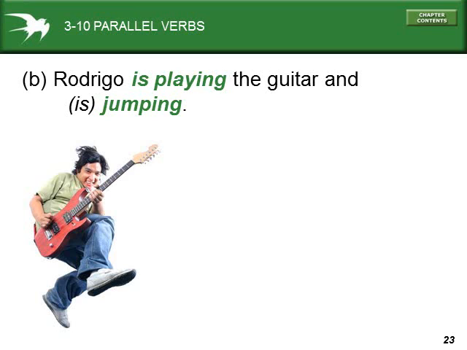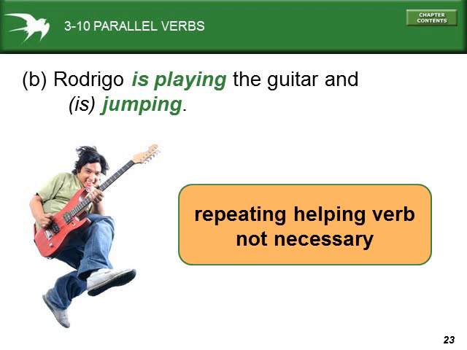So in this example, we have Rodrigo is playing the guitar and (is) jumping. Now, both of these are in the continuous. One thing that you should notice is that this is in parentheses. The reason for that is that the helping verb is optional in the second one. We need the helping verb here, but we don't need it here. We don't need to repeat it.